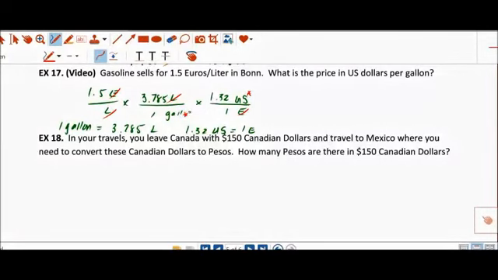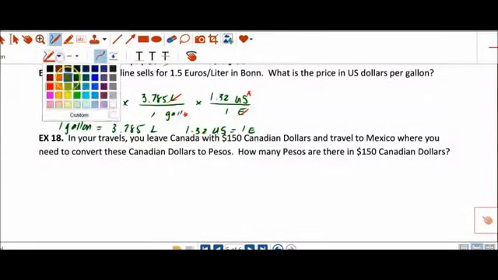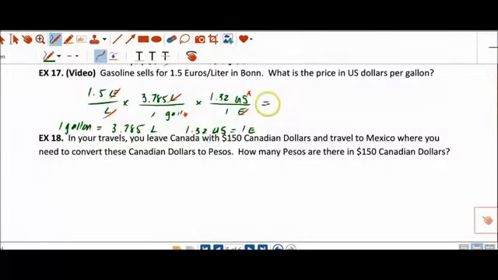And that's what I was looking for. Now we just need to do some arithmetic. The numerator is going to be 1.5 times 3.785 times 1.32. And the denominator is just 1 times 1 times 1, so it's just 1. And that's going to give me a value in US dollars per gallon.